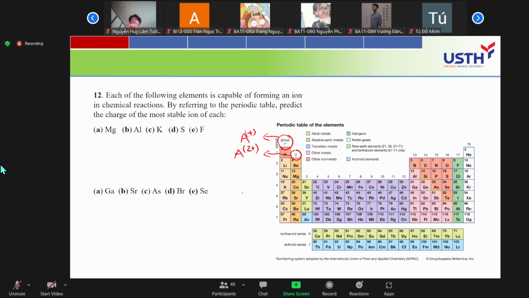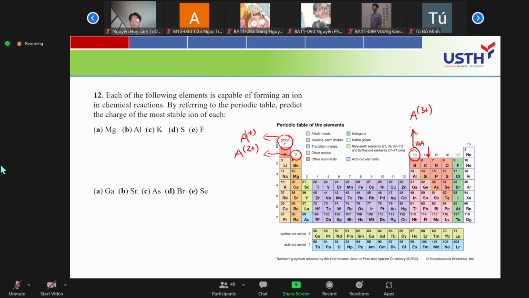If they stay in group 3, this one is group 3A, it will form A3+. With group 4A, this one is a little bit complicated. Normally they can form 4+, but sometimes they can form 4- or 2-, something like that.